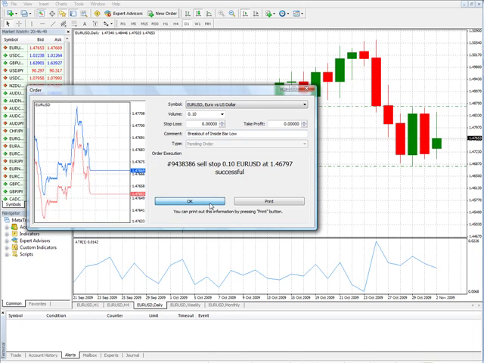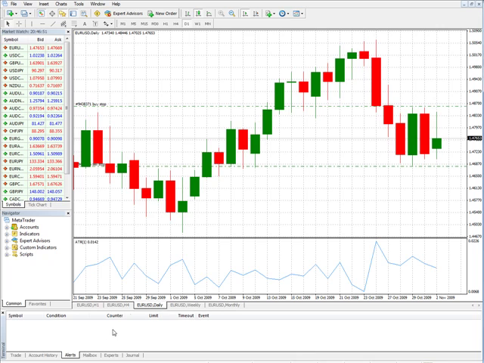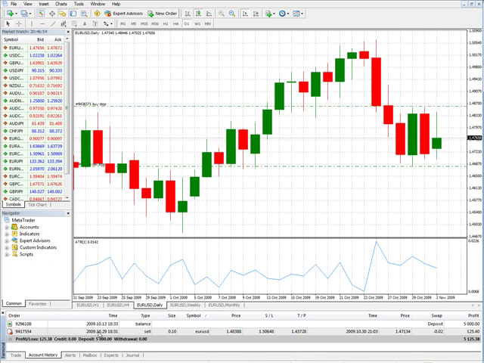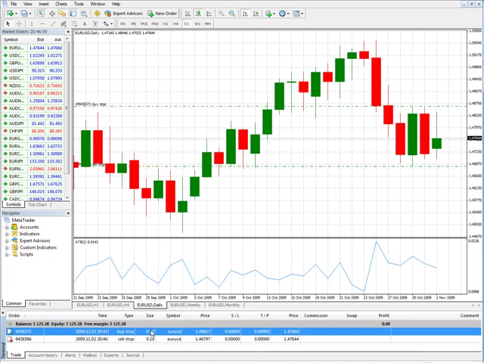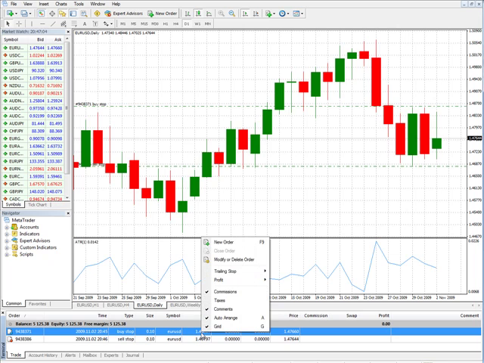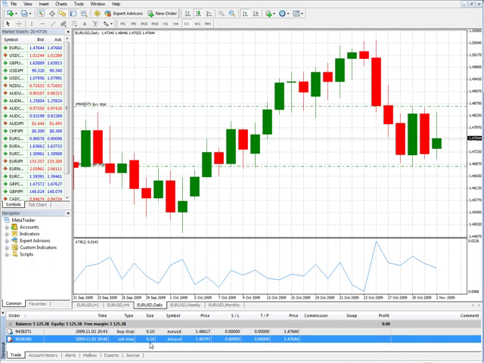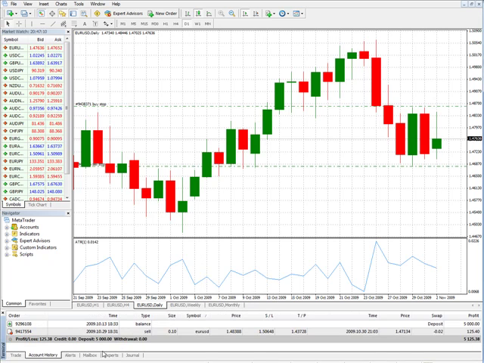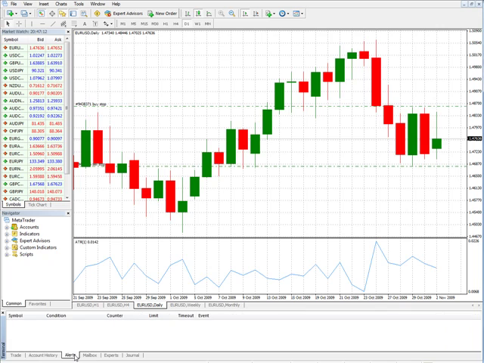I'll say that. Not sure if they'll let us go through here, because I'd like to label the buy stop. Okay, no, it's fine. There we are. We've got both trades in place: sell stop here, buy stop there.